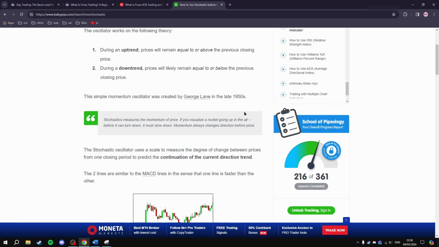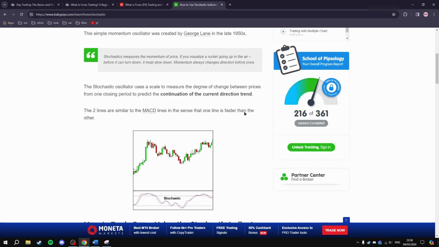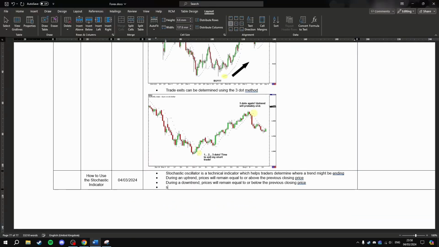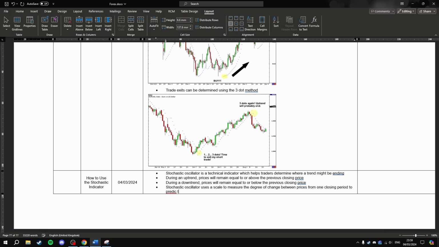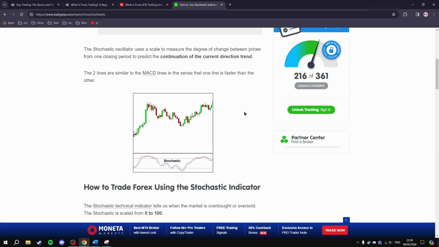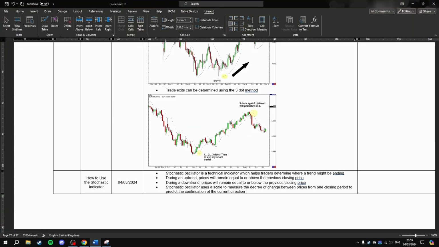The stochastic oscillator uses a scale to measure the degree of change between prices from one closing period to the next, to predict the continuation of the current trend direction.